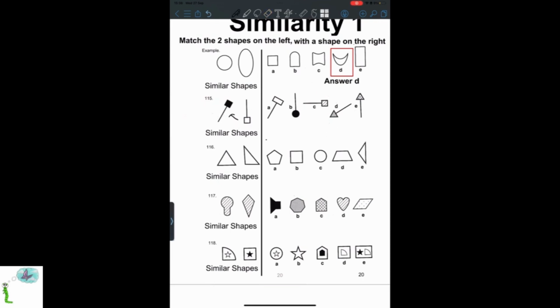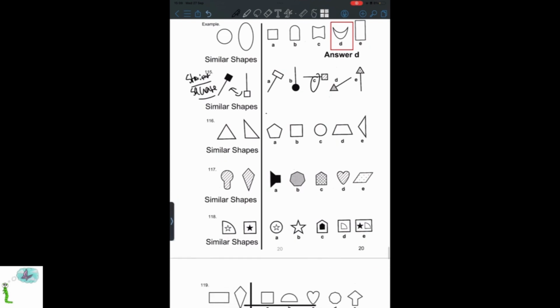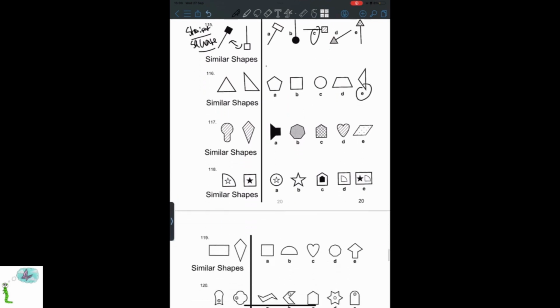So if you think about what the rule is here, what's similar, what's the same between these two, right? They both have a straight line. It's not curved, right? It's straight. And they both have a square on them. So we're just gonna apply that to here. Which ones have a straight line and a square? It's C. Here we have, they're both triangles, so it's just gonna be E.